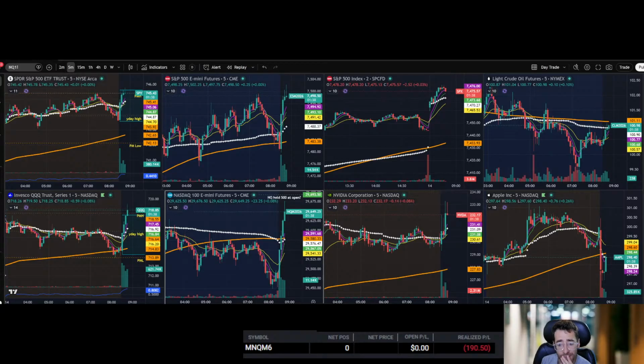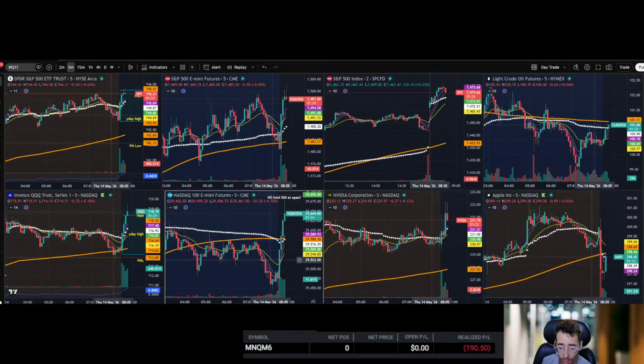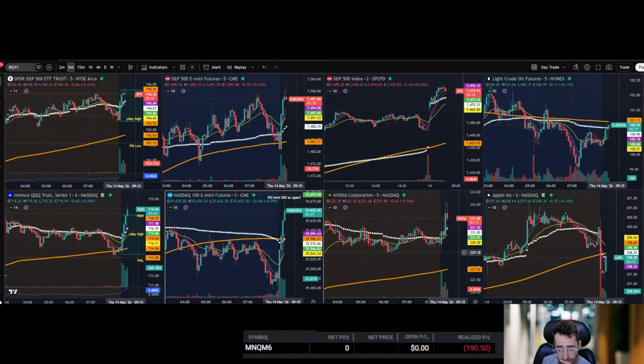See, we're failing that 7,500. NQ's a lot stronger though. I'll take that pullback to 600.